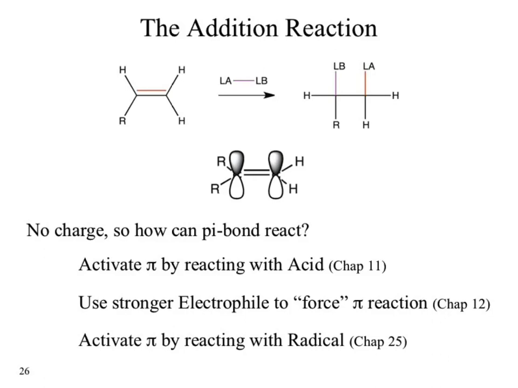That's chapter 11. Chapter 12, okay, we use another Lewis acid, another positively charged atom, but this time it's not hydrogen. Well, if we have a positively charged atom that's not hydrogen, it's no longer an acid, it's an electrophile. Okay? I don't want to use the Lewis terms, or I try to back away from them as much as possible. So I now use electrophiles to force the pi bond to react. That's chapter 12.